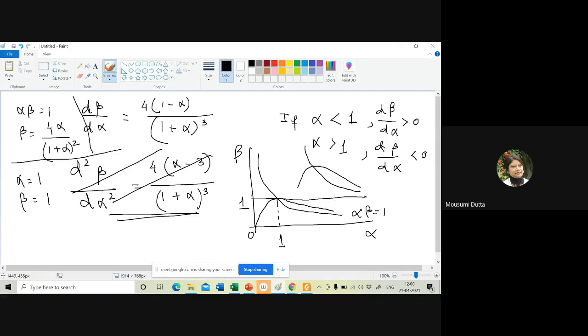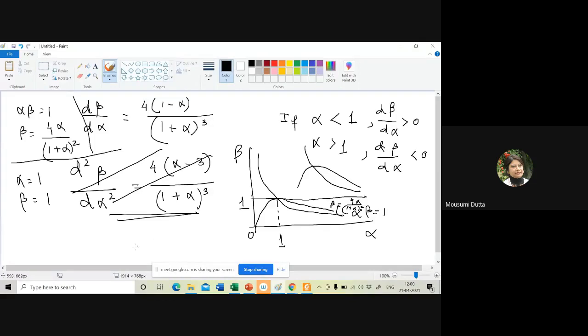So for the curve beta is equal to 4 alpha by (1 plus alpha) whole square, as long as alpha is less than 1, the curve is positively sloped, and when alpha is greater than 1, the curve is negatively sloped.